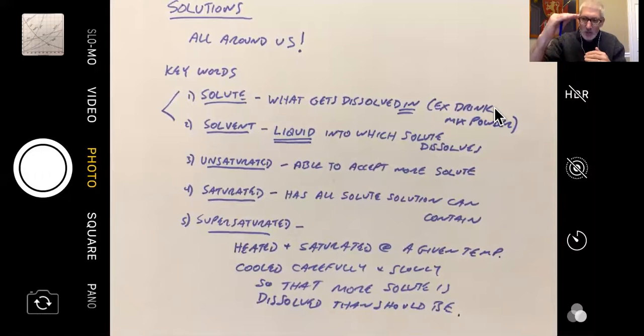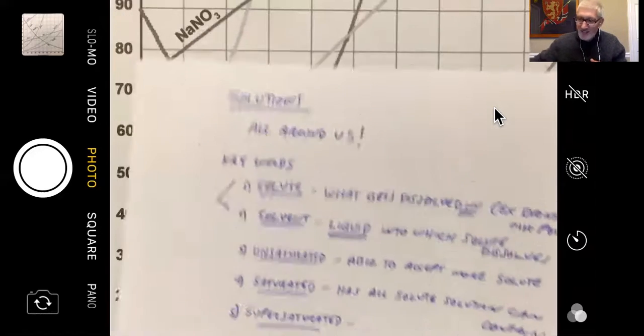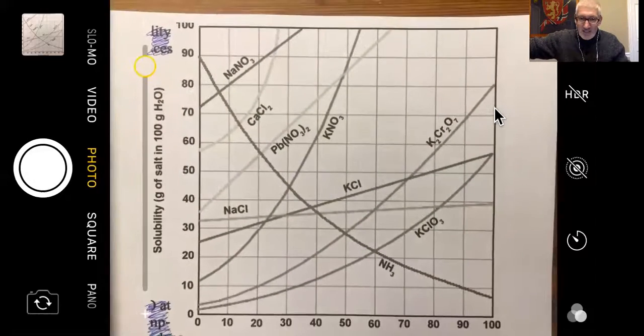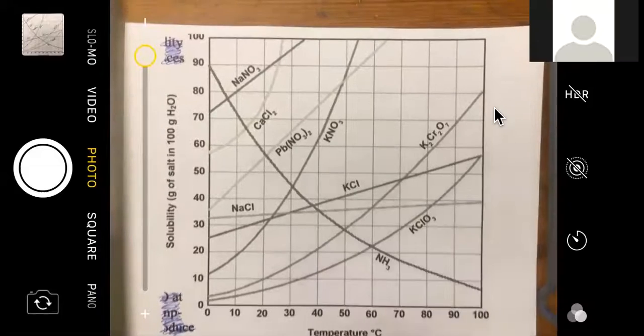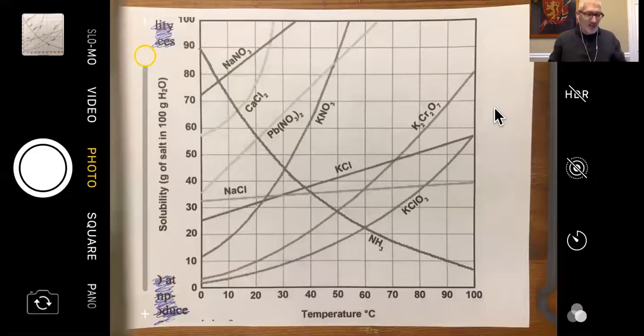So as temperature goes up, and you'll see this in just a second on this chart, you usually see an increase in solubility. And so this is a good segue into what we want to talk about next.